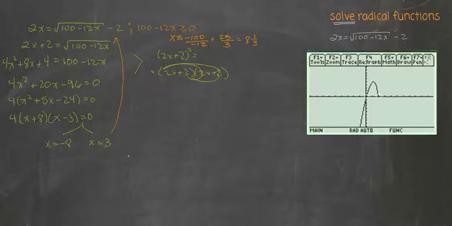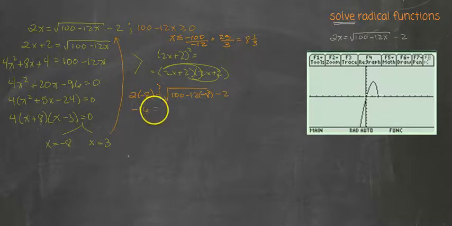But that doesn't mean they're solutions. We still have to check. So if I put in my first value, negative 8, 2 times negative 8 equals, and we're not sure it equals, 100 minus 12 times negative 8 minus 2.